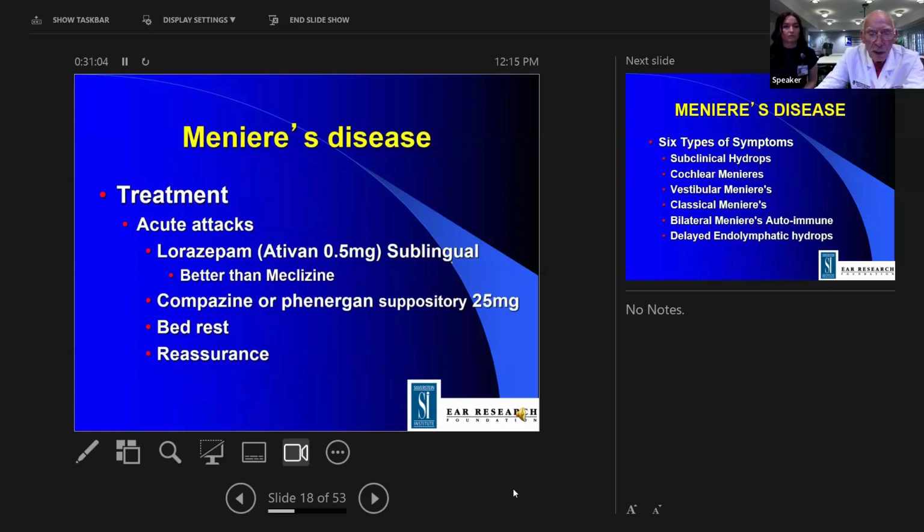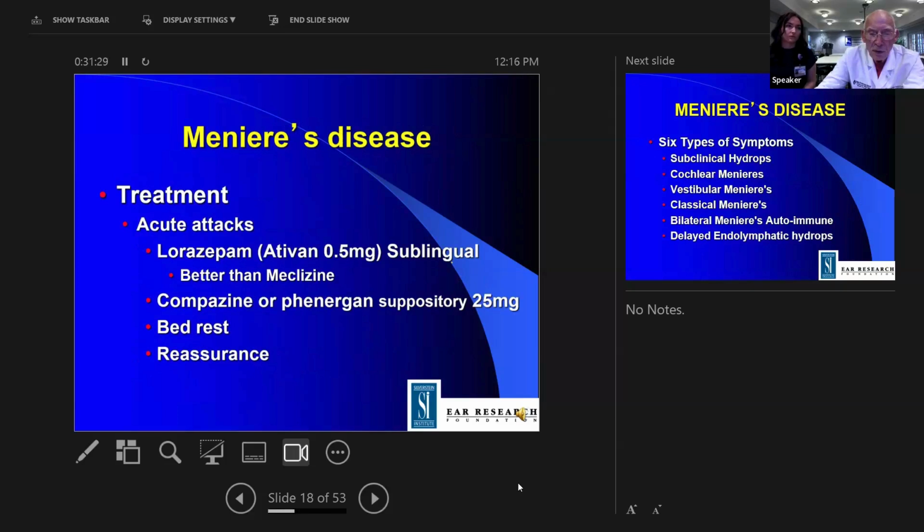So how do we treat the attacks? Well, Ativan is the latest and greatest treatment. It's 0.5 milligram of Ativan, and you put that underneath your tongue, and it's absorbed very quickly, and it usually will abort the Meniere's attack. It may make the attack less severe.